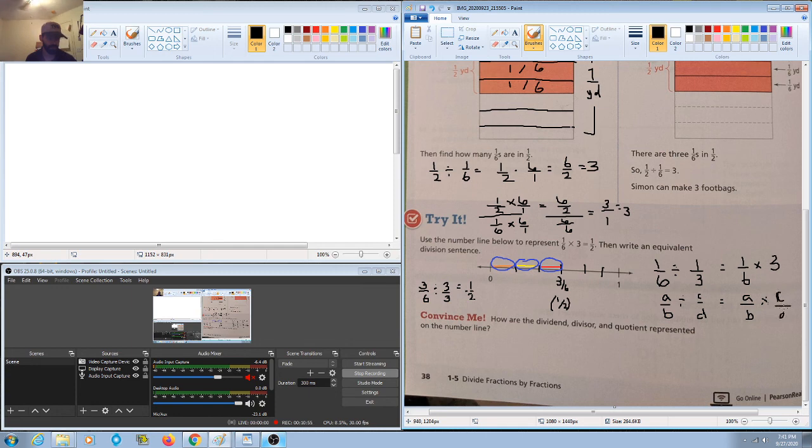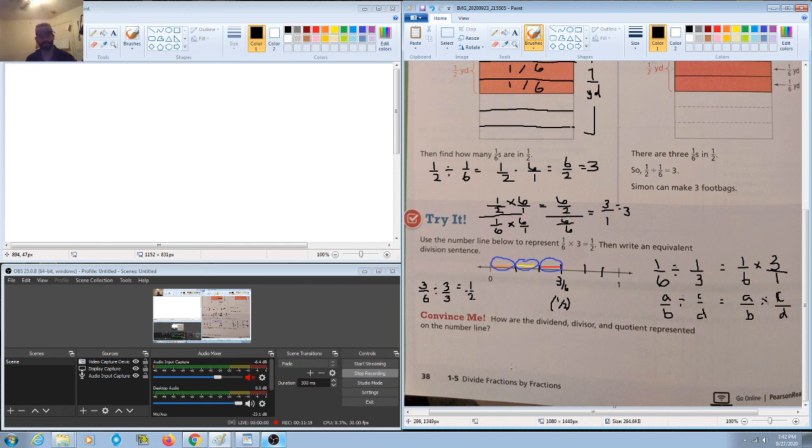Now, one thing I didn't mention here was this is going to be 1/6 times 3 over 1. So remember, any whole number can be represented as a fraction with a denominator of 1. Okay? So that's showing again how dividing by fractions is equal to multiplying by the reciprocal of the divisor.